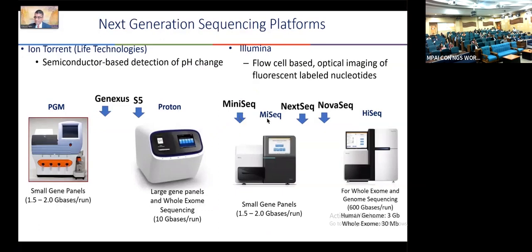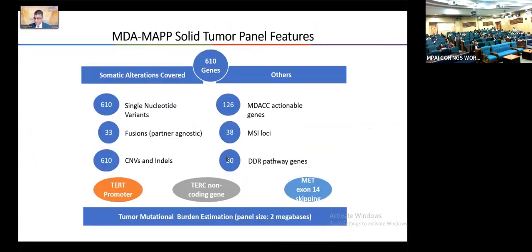When we started with MiSeq, now we have a MiSeq and a NextSeq and a NovaSeq, and different flow cells on each of them. Same thing on the Ion Torrent side, PGM and Proton, S5. Now we recently added some GeneXus to look at the rapid turnaround and some other possible applications. So this portfolio keeps growing, and so do our panels.